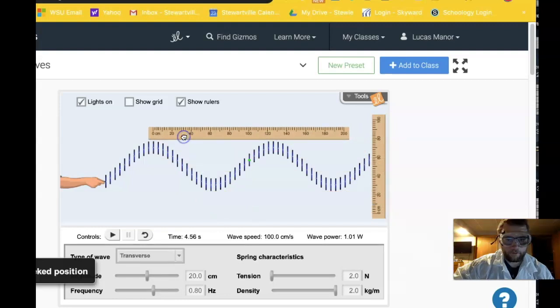Okay, so we're going to go up here, and we're going to measure this at roughly 126, we'll call it 126 centimeters. So for 3A, our wavelength is 126 centimeters. We see down here, our wave speed is 100 centimeters per second. So 3B is 100 centimeters per second.